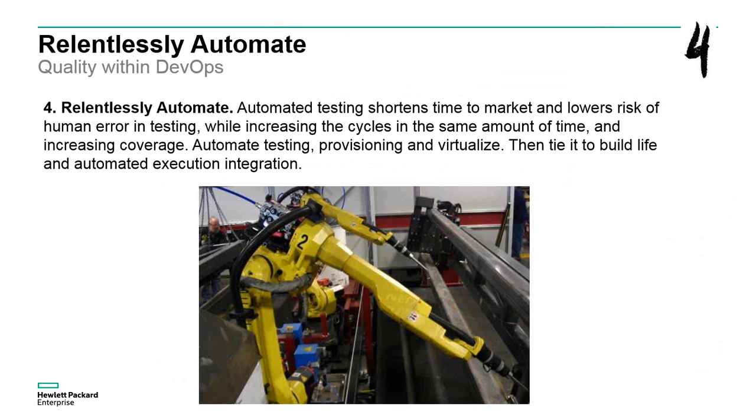And it's not just the tests themselves that you need to be automating. You need to be able to just push a button, and the testing environment and the test data are automatically deployed and made available, and the software itself is automatically installed and configured on the system that you're going to test. There's also virtualization.